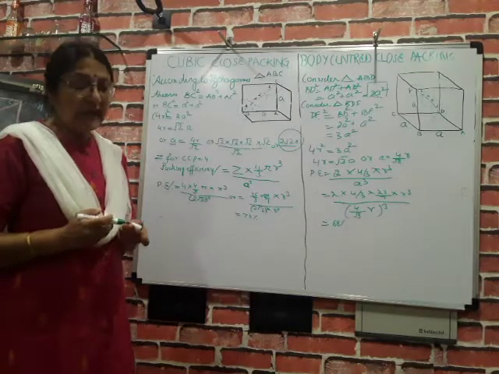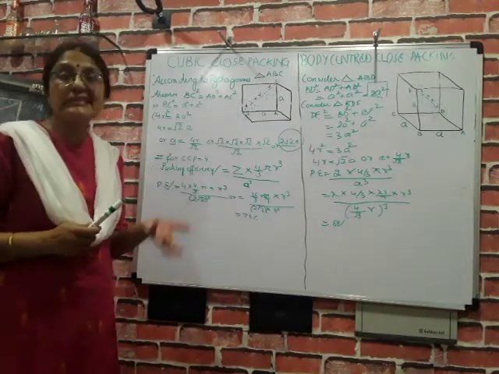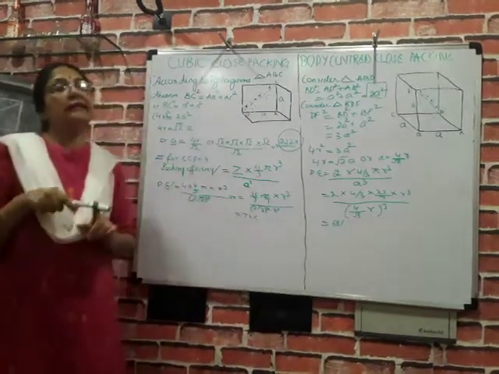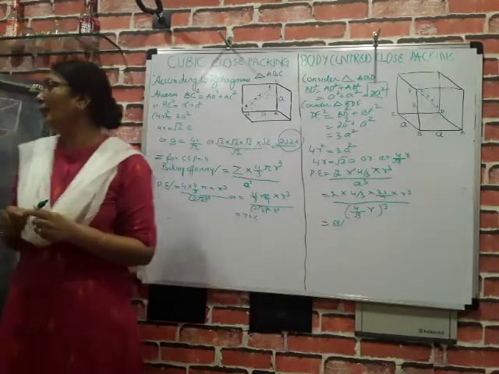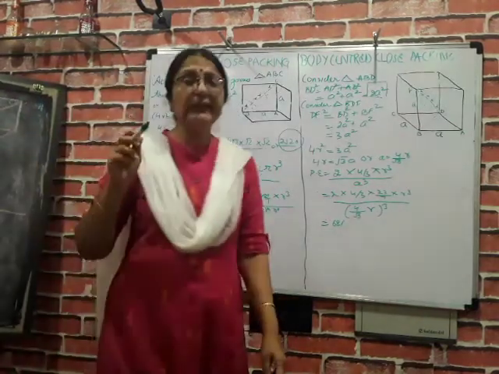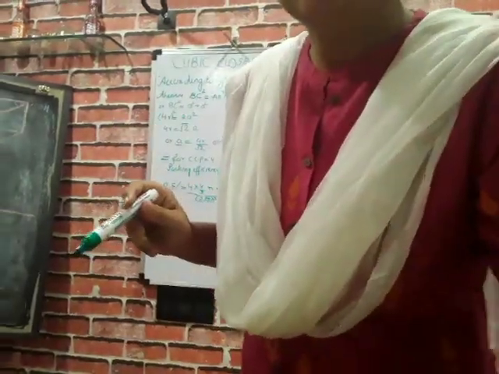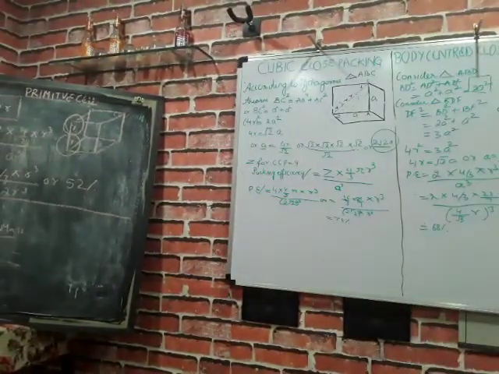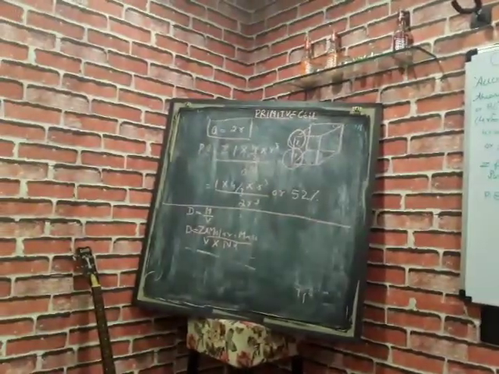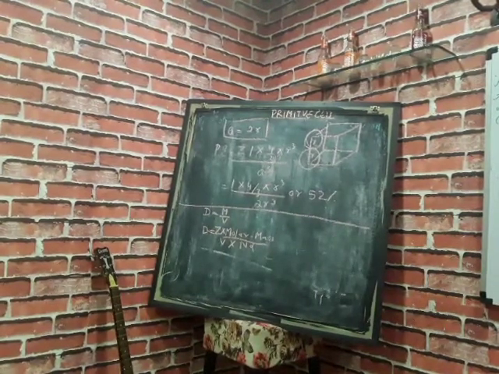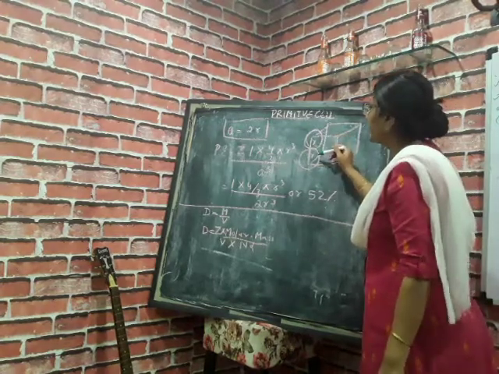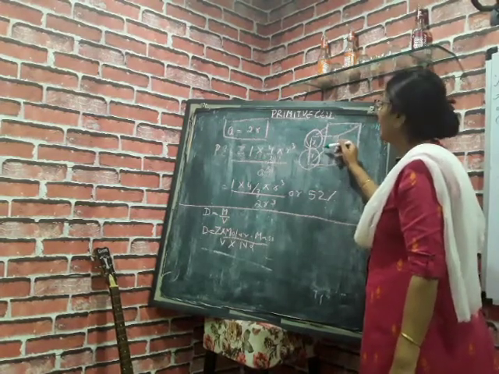Then the last one is our basic primitive cell, where particles are present only at the 8 corners. Now, in this figure, we have already discussed that the spheres are present in such a way that they are touching each other.